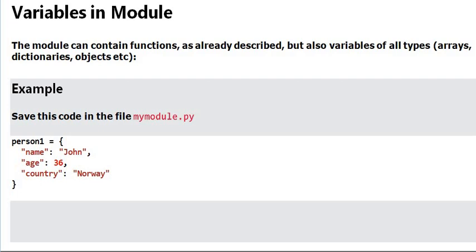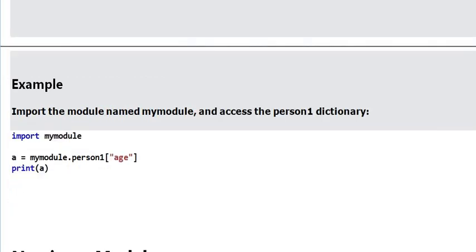So here we have a module with one dictionary. Now check it out. So import the module, and a is equal to module name dot person1. Person1 is the name of the dictionary, and age is the key. So print a. You get the concerned data.